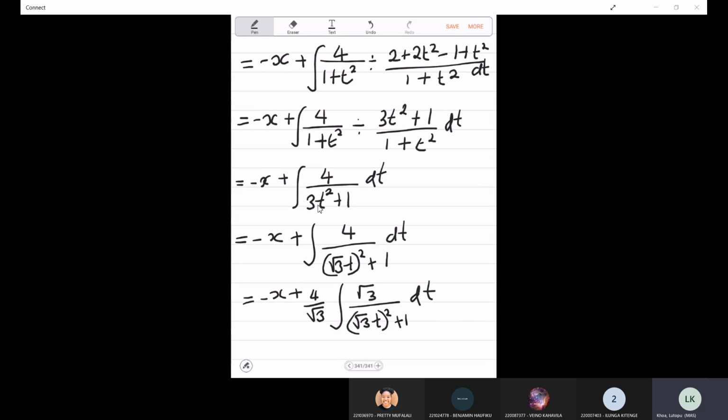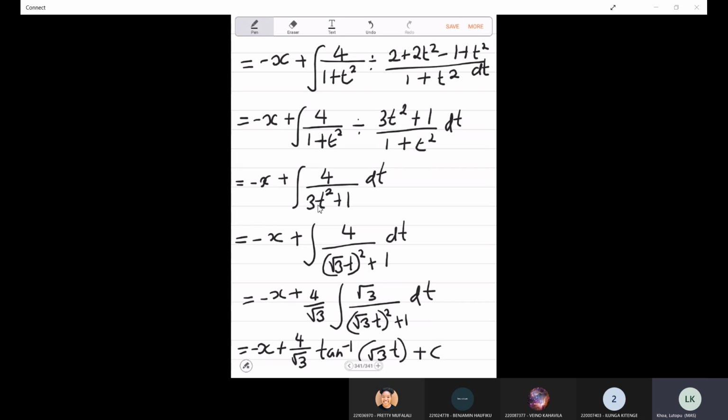Okay, so now we can just integrate. This is minus x plus 4 over the square root of 3, and then the integral of square root of 3 over the square root of 3t squared plus 1. That is tan inverse of the square root of 3t plus our constant of integration. Then again, remember that there's no t in the question originally, so everything must be in terms of x.